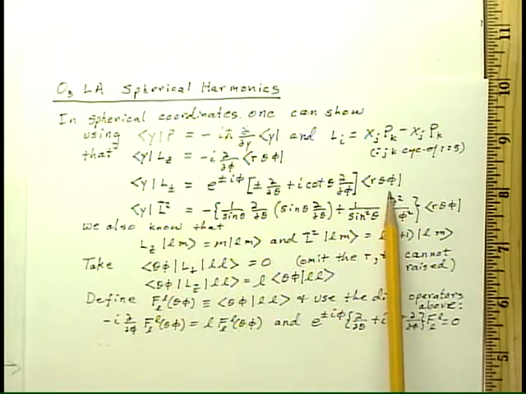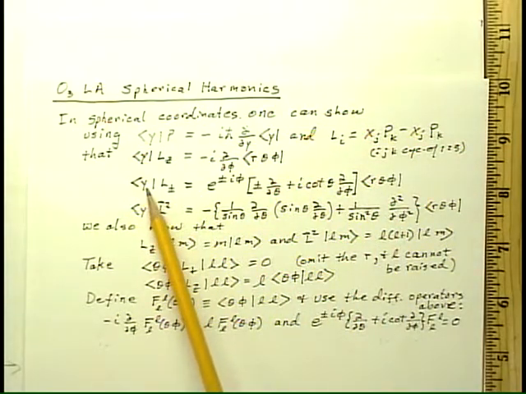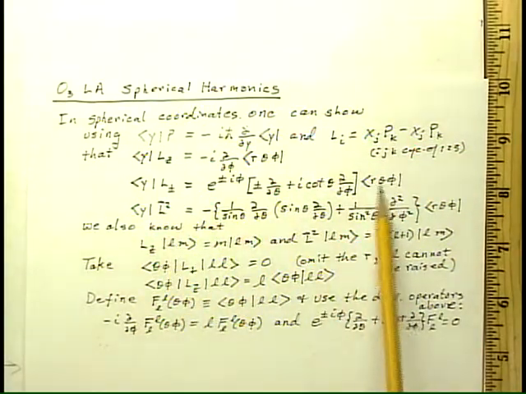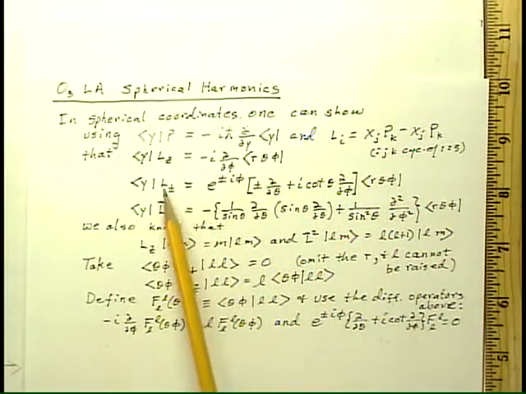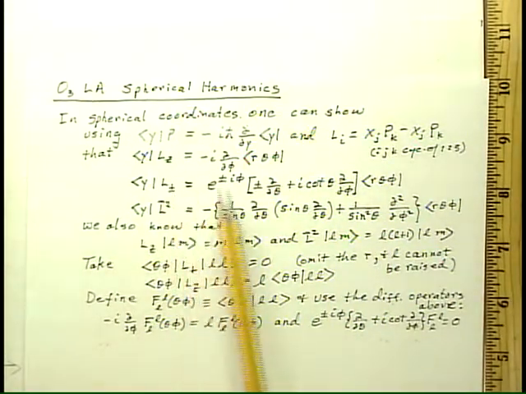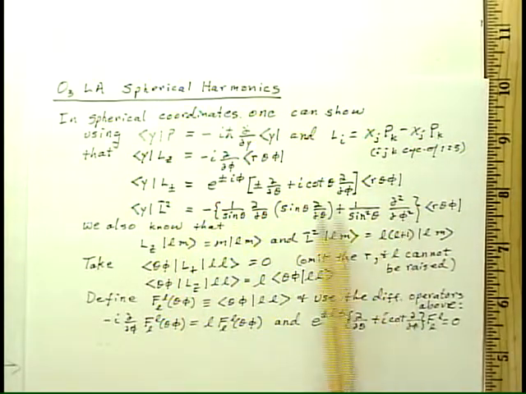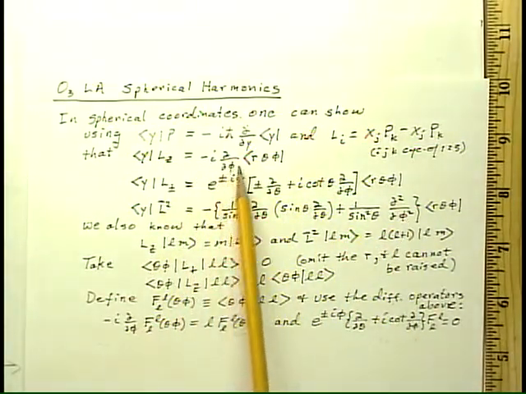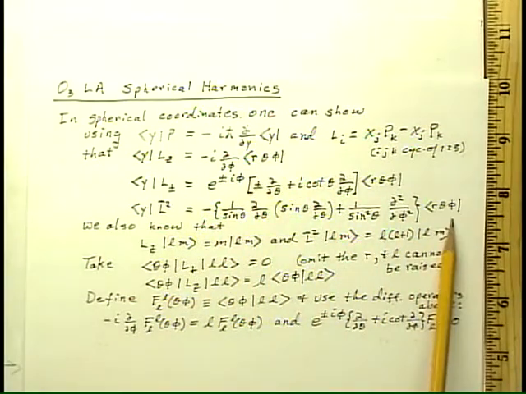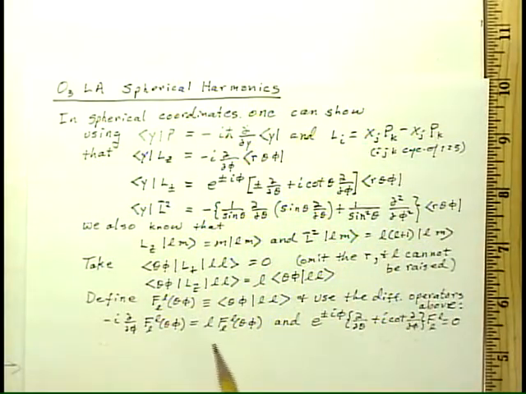I want to emphasize that if we know these in Cartesian, we know these in spherical. So it is the same basis, just re-expressed in terms of another set of variables. We have found that L plus or minus is this differential form, L squared is this differential form, and LZ is this differential form when acting upon that vector in spherical coordinates.